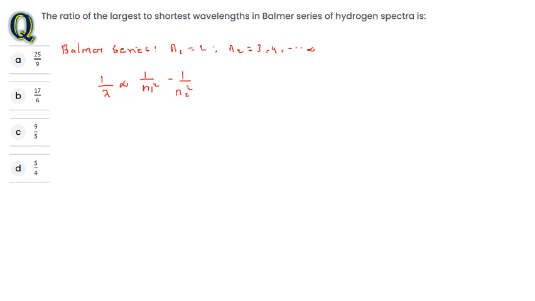From this one, what you are going to have here is lambda largest divided by lambda smallest.